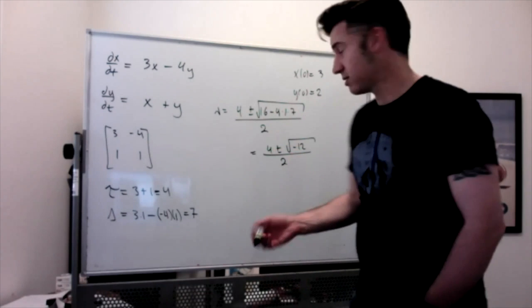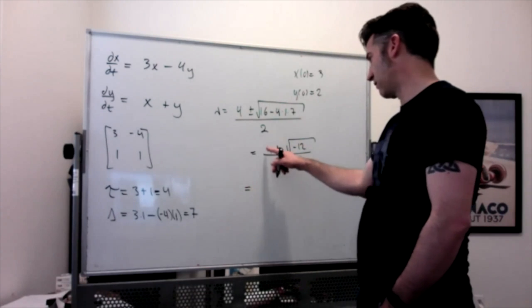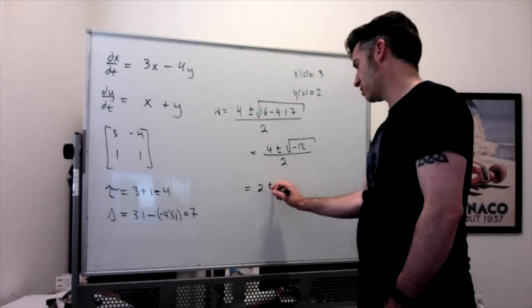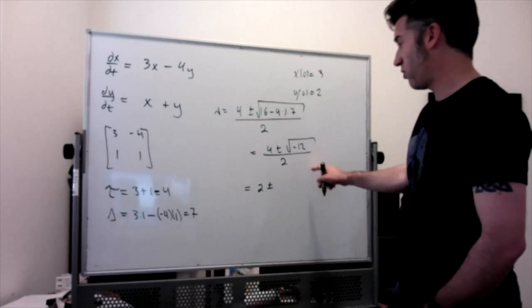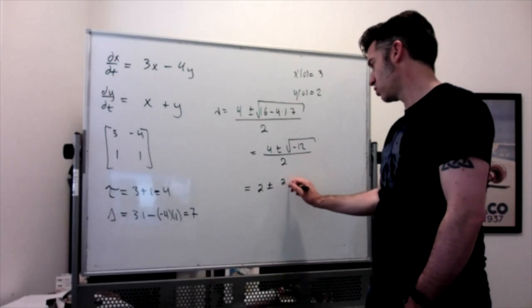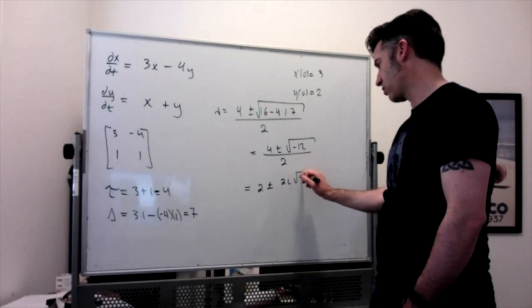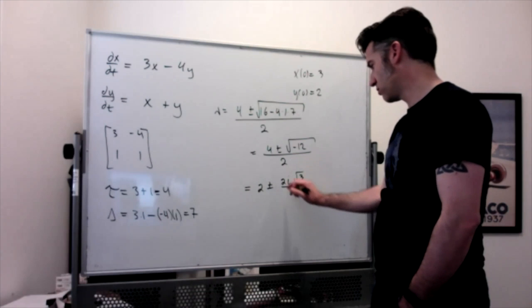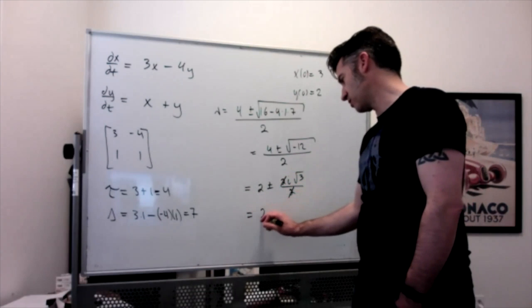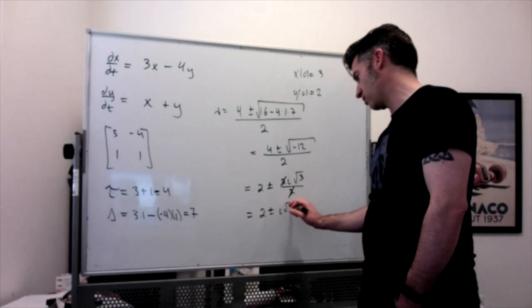That's not going to be nice. So we're going to end up getting 4 over 2 is 2, plus or minus the square root of negative 12, which is 2i root 3, over 2. So my eigenvalues are 2 plus or minus i root 3.